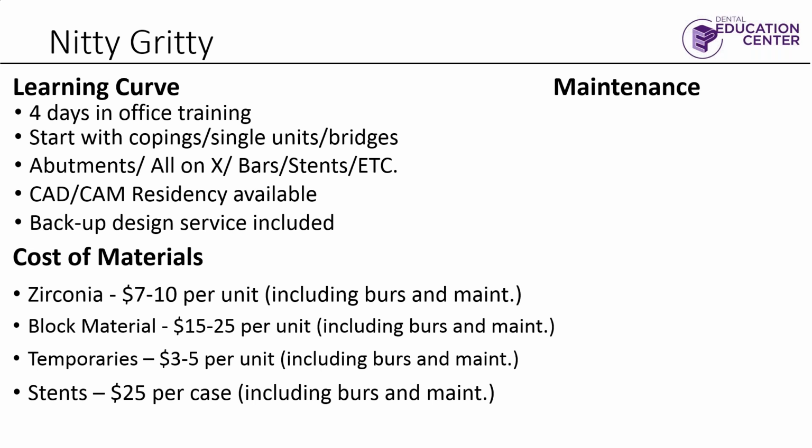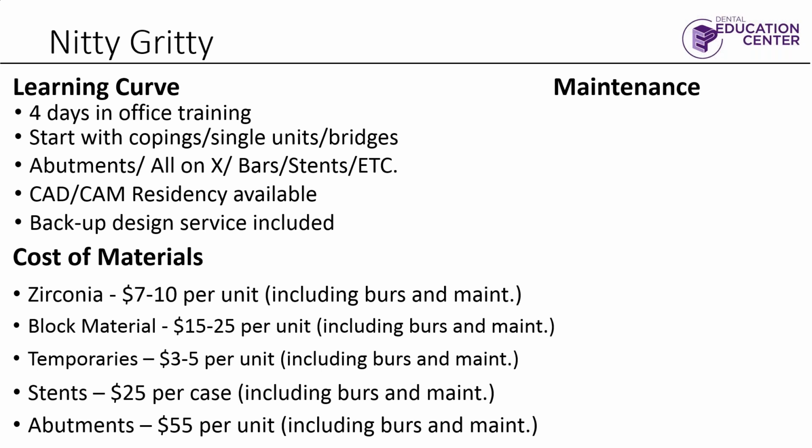Obviously not the cost of the material or the lease, but these numbers include your burrs and your maintenance, roughly. And abutments: the abutments are going to run about $40 to $45 for the abutment, and about $7 for the screw for your custom titanium abutments.